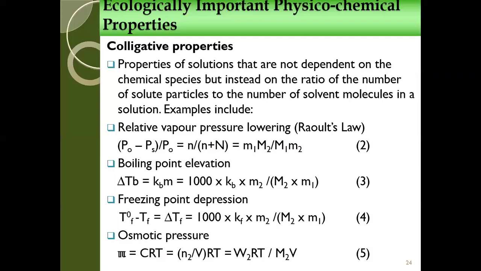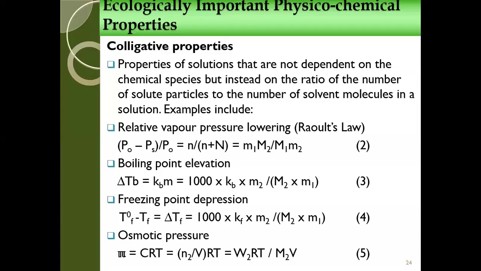Molality, small m, is equal to moles of the ethylene glycol divided by kilogram of water. So the next thing is 20 grams of ethylene glycol divided by the molar mass of ethylene glycol, which is 62.